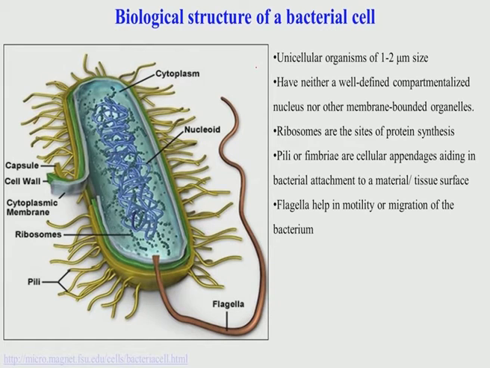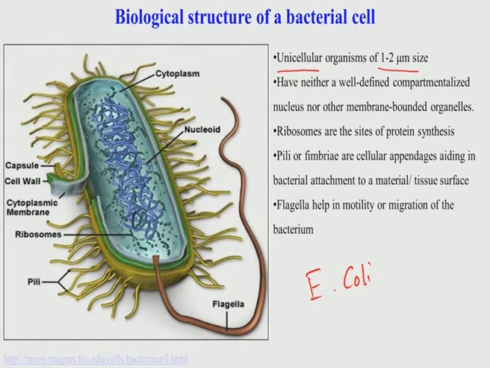So, this slide essentially shows you a more widely known bacteria, that is E. coli, Escherichia coli, and what you see here is a unicellular organism, as you know that prokaryotes are typical prokaryotic cells, and its size is 1 to 2 micron.